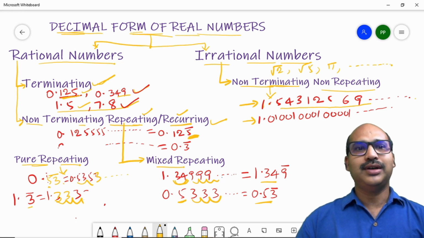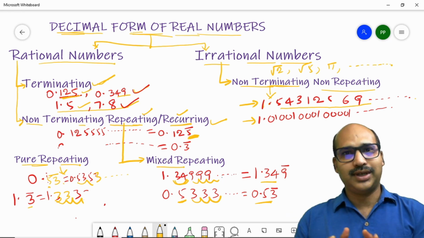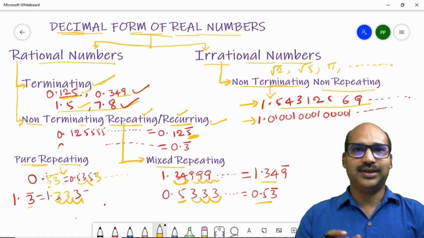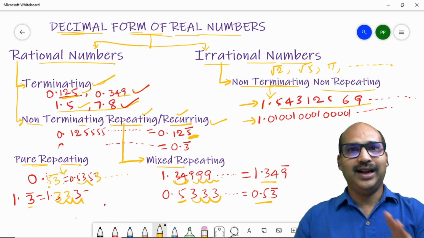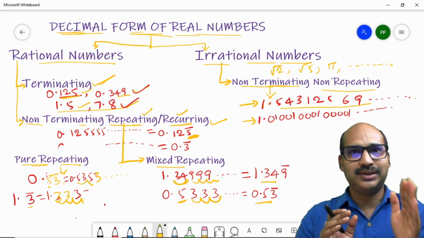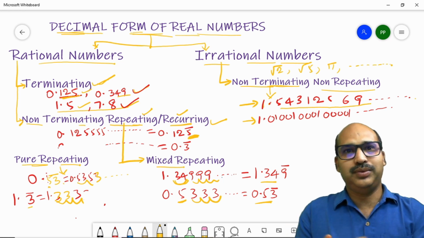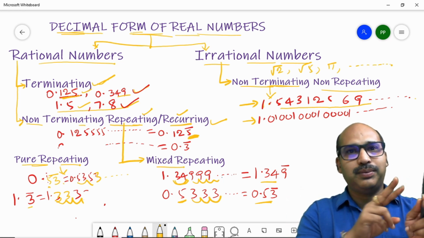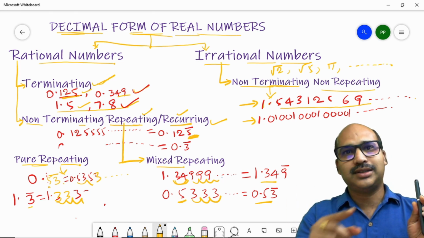So this is the overview of the decimal form of real numbers. Now we understand what real numbers are and how they help us, and we know that the basic building blocks of maths are sets and groups of sets. One set or some group of objects is mapped to some symbol. So one pencil is mapped to 1, two objects are mapped to 2, and this many objects are mapped to another symbol called 3.